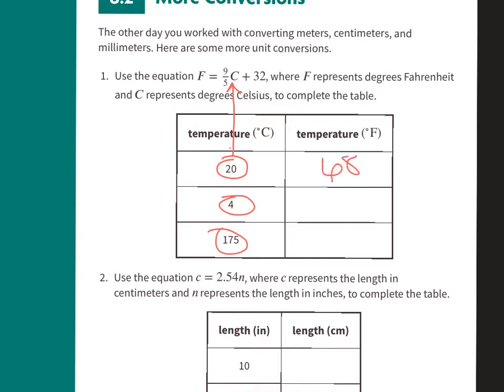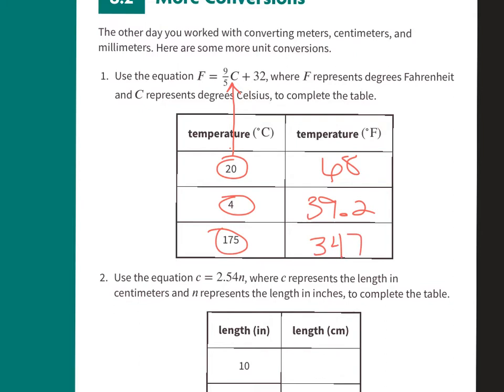Then I'm going to go 9 ABC 5, 9/5 times 4 plus 32 gives me 39.2 degrees. And then I'm going to go 9 ABC 5, 9/5 times 175 plus 32. I get 347 degrees. Okay?